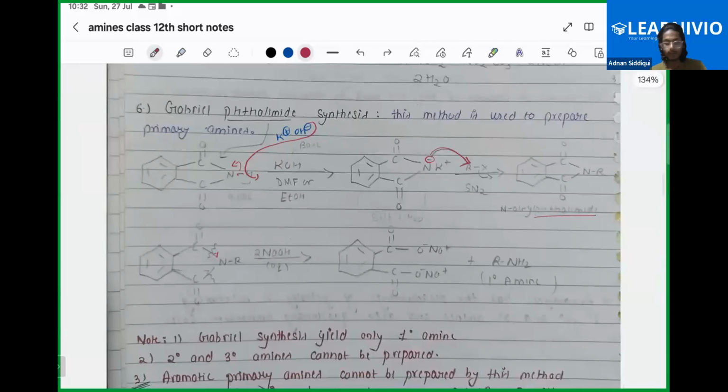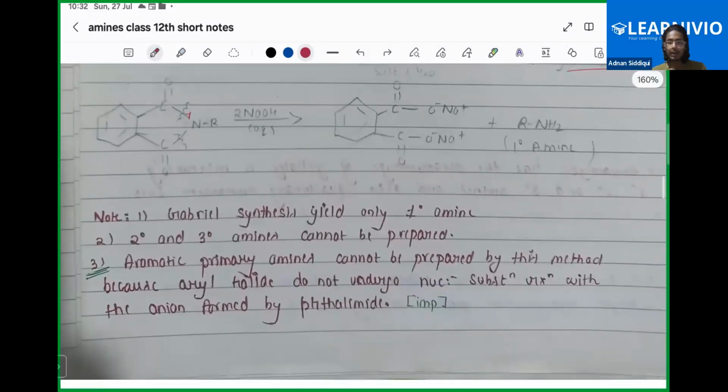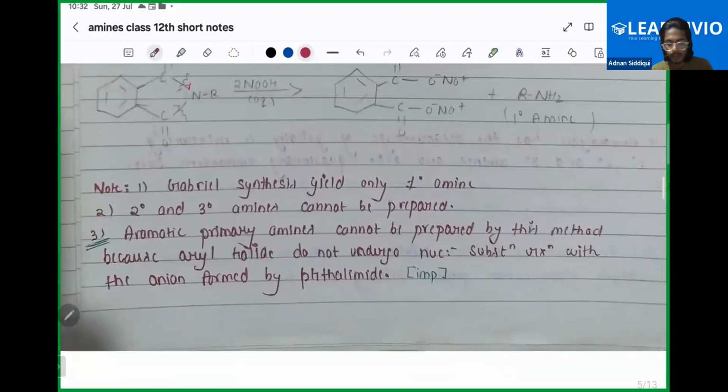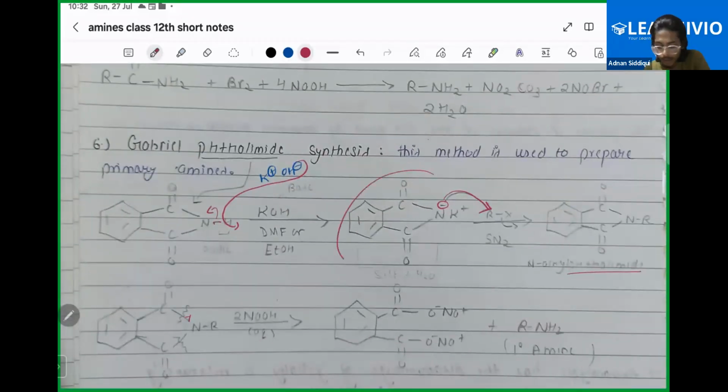Now let us talk a little bit more about this Gabriel phthalimide synthesis. There are some notes that we need to remember. Gabriel synthesis yields only 1 degree amine. 2 degree and 3 degree amines cannot be prepared by this because we are doing an SN2 sort of reaction, and this nucleophile is already bulky.